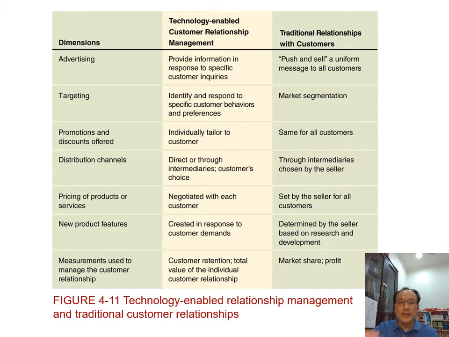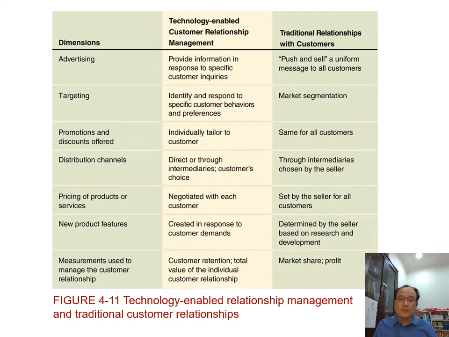So the dimension when we look at advertising: technology-enabled customer relationship management is to provide information in response to specific customer inquiries. Traditional relationships with customers just push everything to customers. They just want to sell, with a uniform message to all customers.